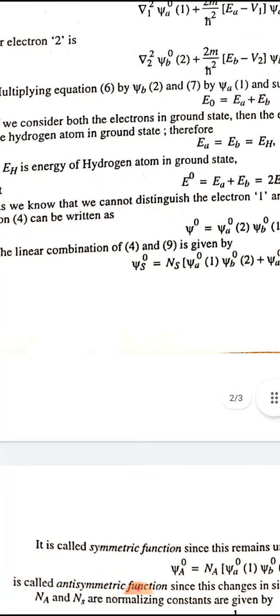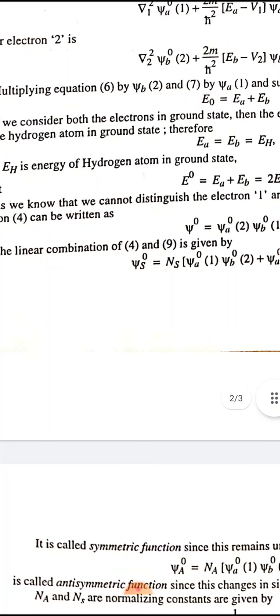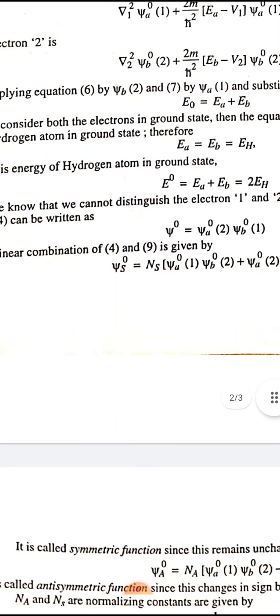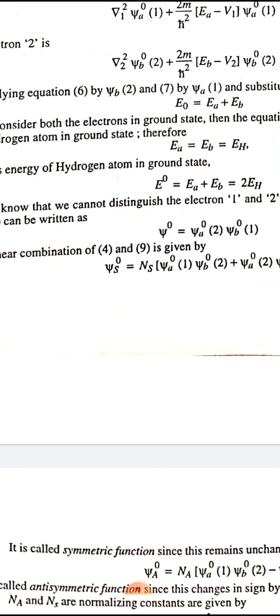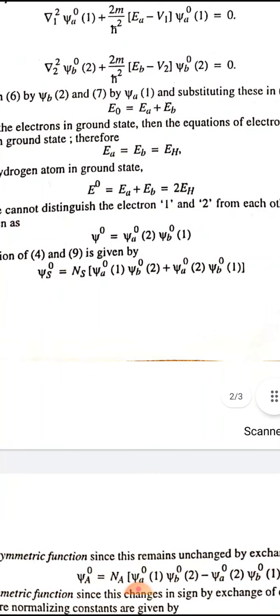As we know that we cannot distinguish electron 1 and 2 from each other in the system, the solution of the equation can be written as psi 0 equals psi A0 of 2, psi B0 of 1, and the linear combination of these two is given by psi S0 equals NS times psi A0 of 1, psi B0 of 2 plus psi A0 of 2, psi B0 of 1.